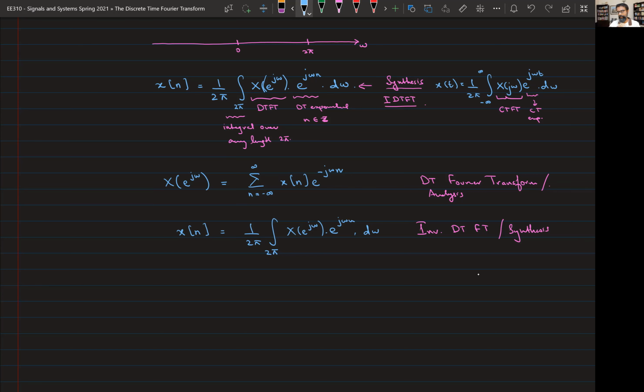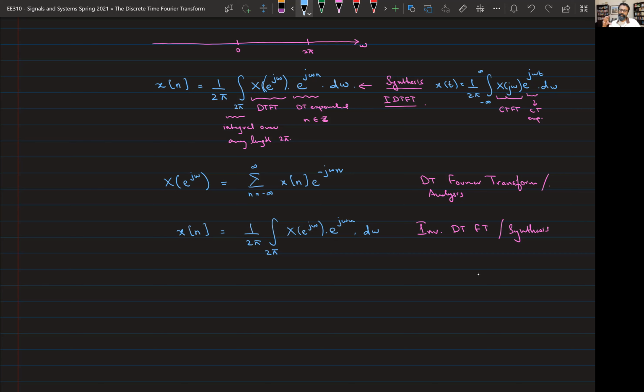Umar, I'm asking about the continuous Fourier transform, right? The reason why Oppenheim uses j omega in the continuous time Fourier transform is just to make a connection with something called the Laplace transform. He says that the Laplace transform and the continuous time Fourier transform are related.